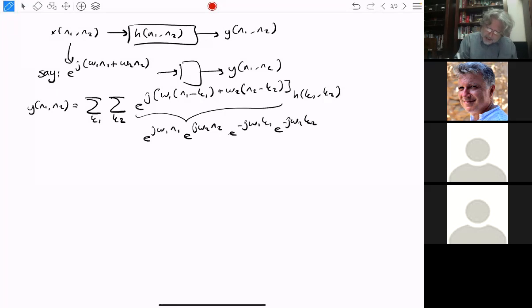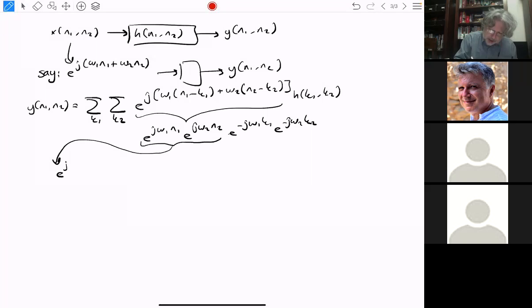So then I will bring this part out of the summation because it has nothing to do with k. The summation is all from k1 and k2 being minus infinity to plus infinity. So it is not related with k, they are n's. Let's take them out.